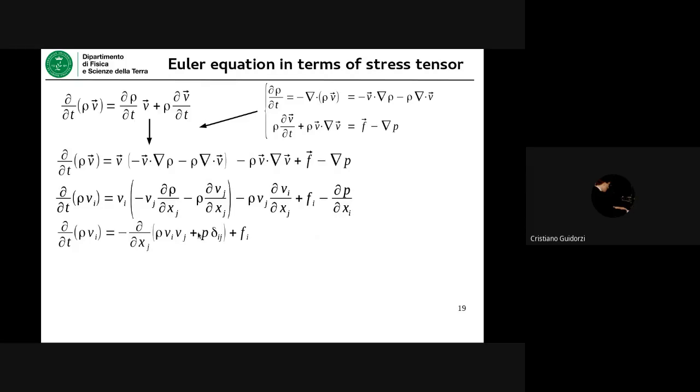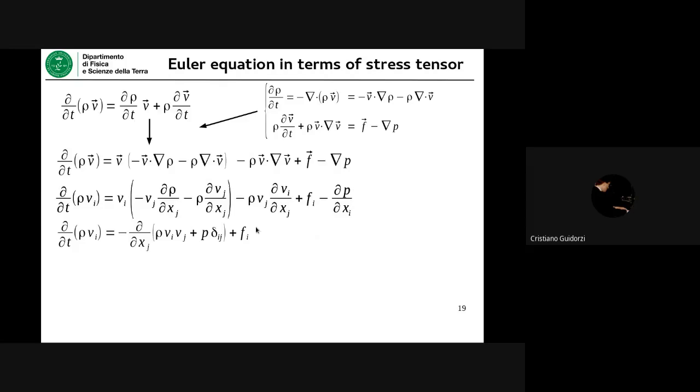So by putting p delta Kronecker ij, it's a sum, but the only non-zero term is when i equals j. So it's when you derive p with respect to xi. That's exactly what we had before. Plus fi. And I just left it in this way.